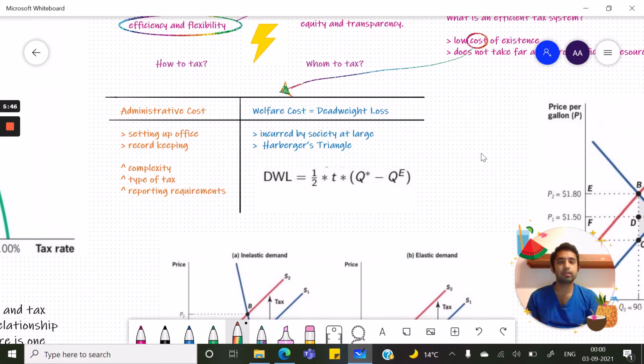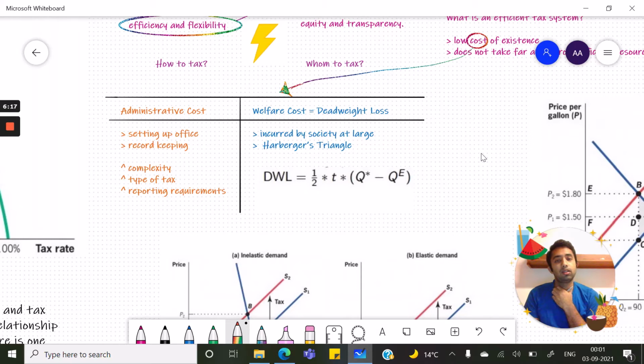The first branch is administrative cost, which is very common in any country, and if a country taxes, it needs to have an administrative cost, which is inevitable, right? Administrative cost involves setting up departments, for example, the income tax department or Central Board of Direct Taxes or the Goods and Services Tax Council, right? Then the administrative cost also includes record keeping, right?